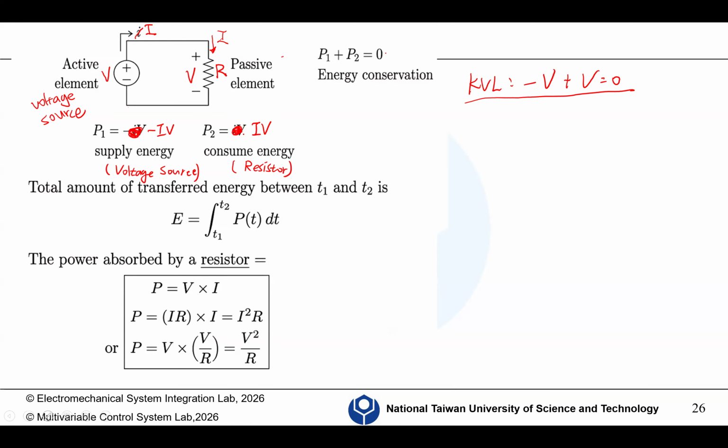So as long as this device consumes energy, its power is positive, and supplying energy is negative power. So we have P1 plus P2 equals 0.